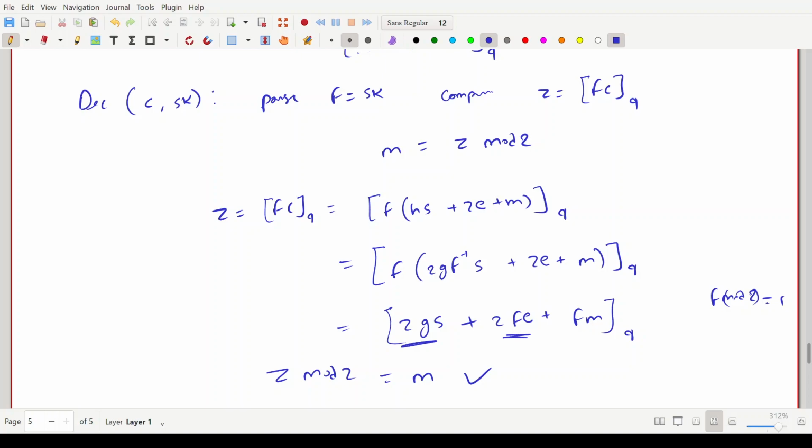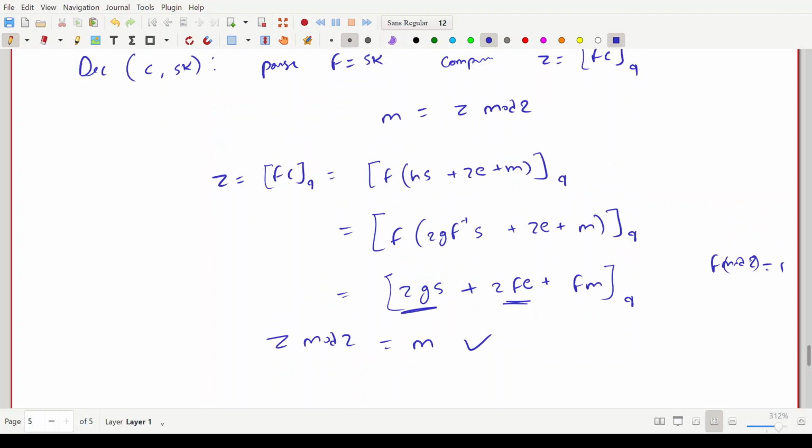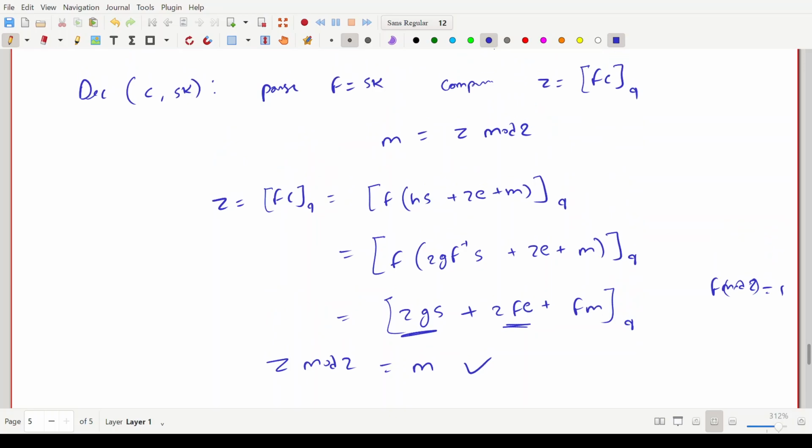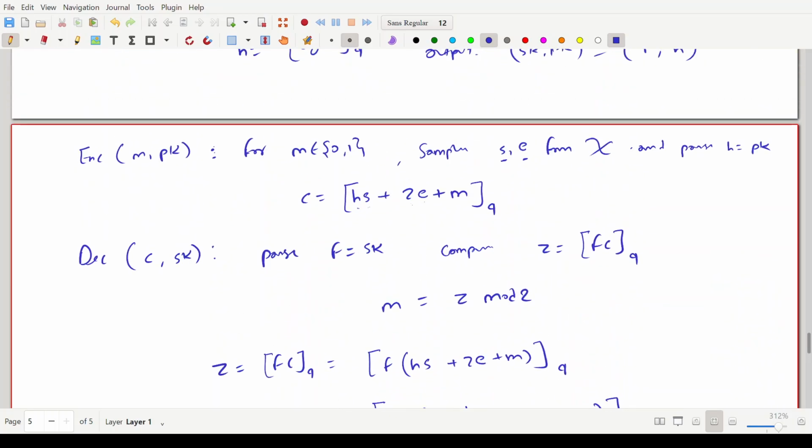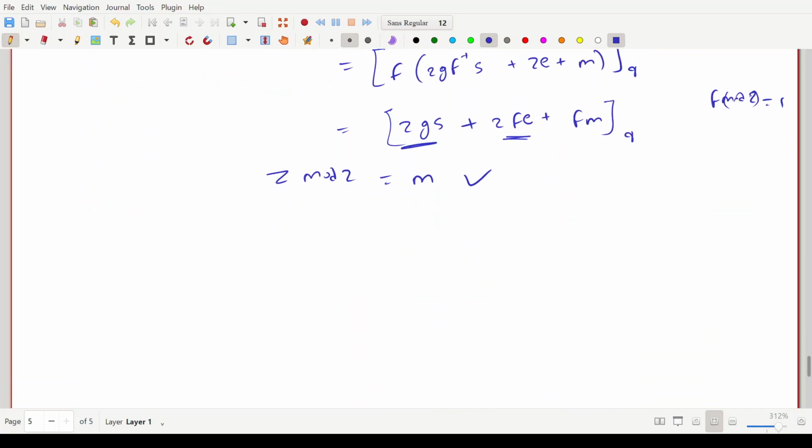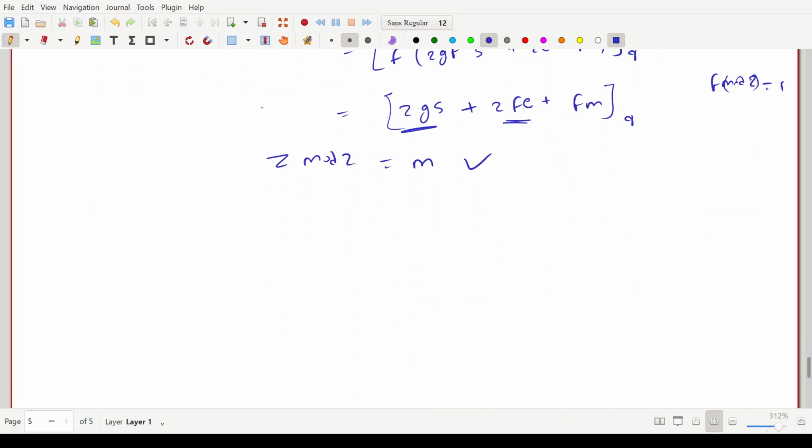This is true only if the error term is less than q by 2, then only does this decryption work, otherwise it will fail, and that can be managed because of that B-bounded definition.